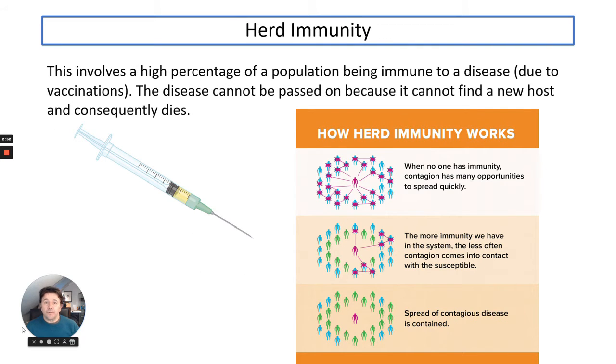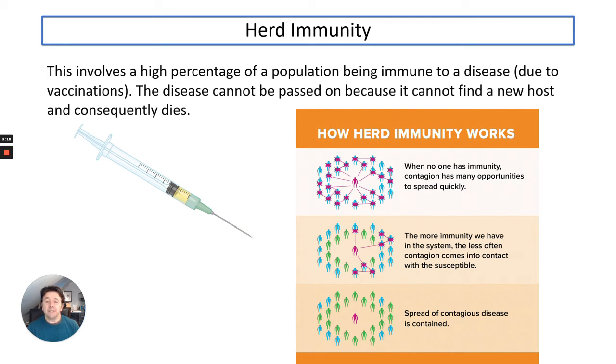So it's really important in a population that a large proportion of the population are vaccinated for that particular pathogen to reduce the incidence of that disease. Now, one thing you might have heard about is something called herd immunity. So the disease cannot be passed on because it cannot find a new host and therefore consequently dies out.